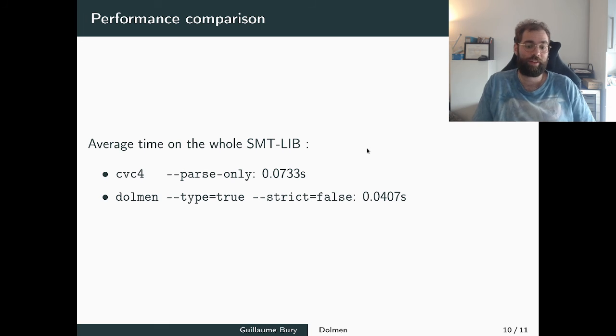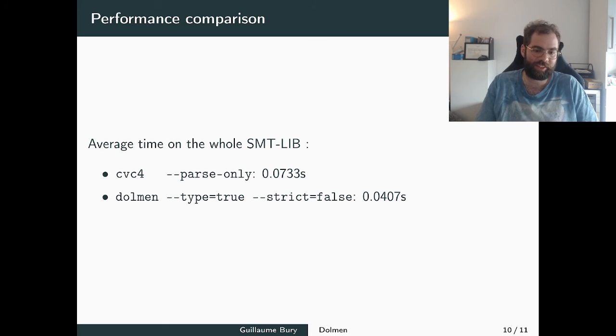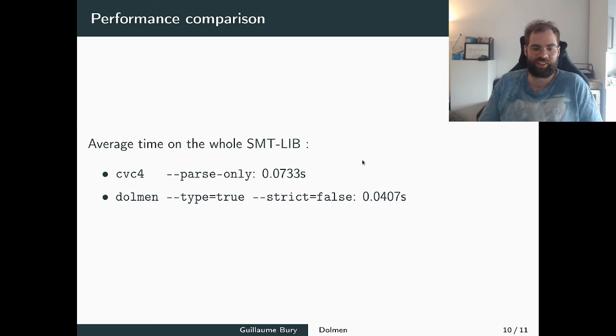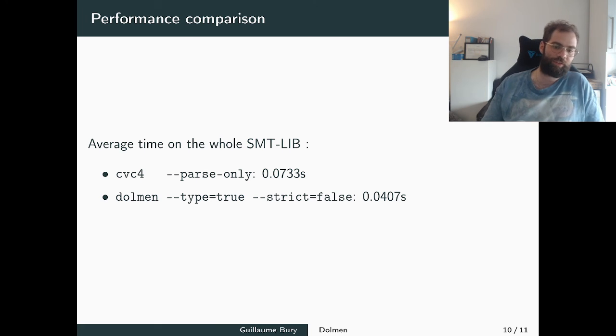But it's interesting to note that Dolmen checks more things than CVC4. For instance, CVC4 in parse-only mode doesn't check linearity constraints. I think it only does that when it goes into the pre-processing step. So we have Dolmen, which is faster and checks more things than CVC4, which is nice as far as performance goes.